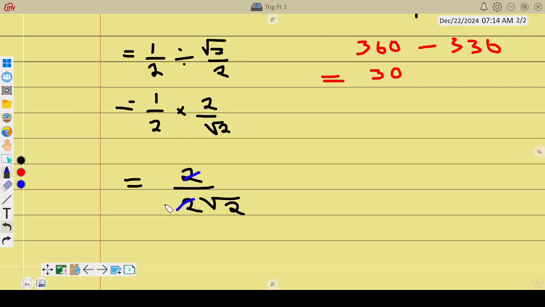So this will cancel with that. And our final answer, don't forget tan, we said it's negative. So negative 1 over root 2. So here it's 1, here you just remain with root 2. Okay, we've answered that.